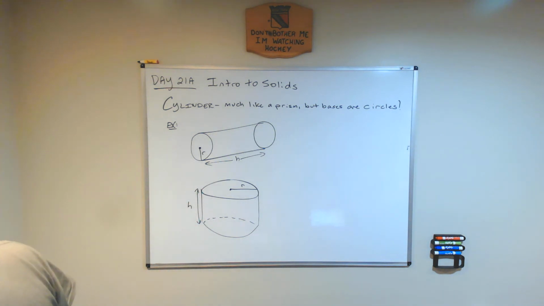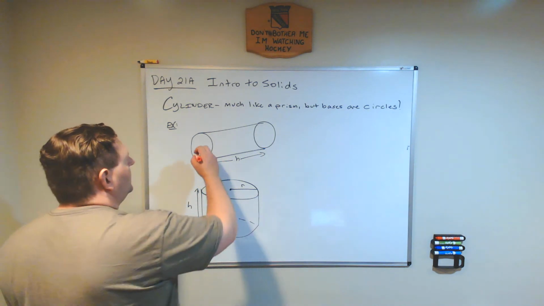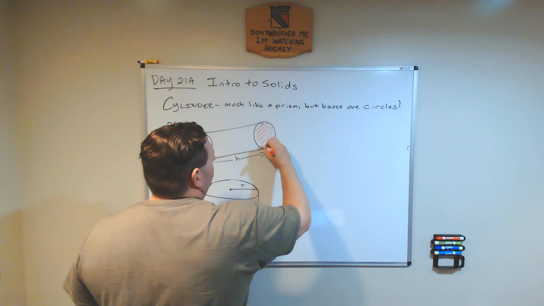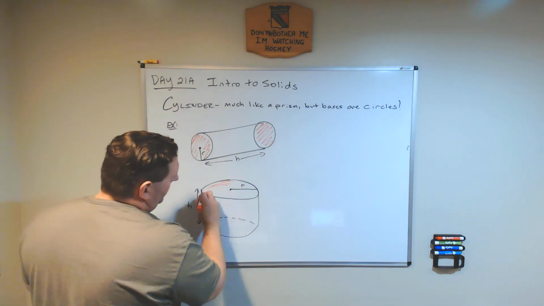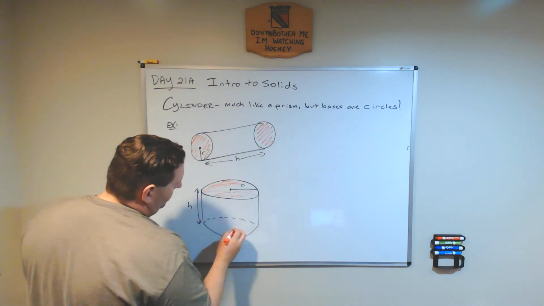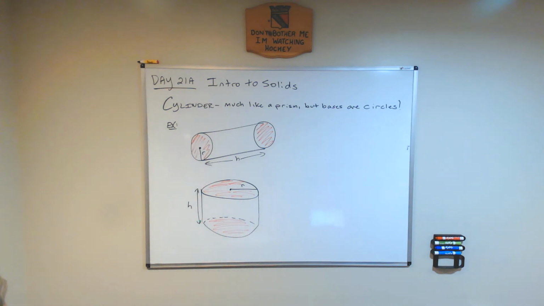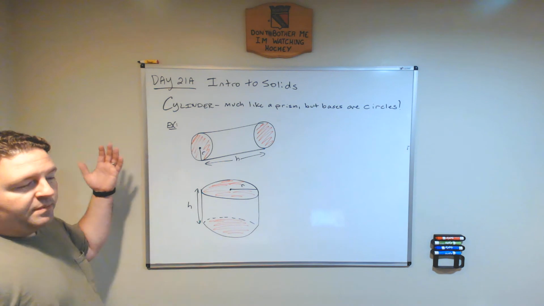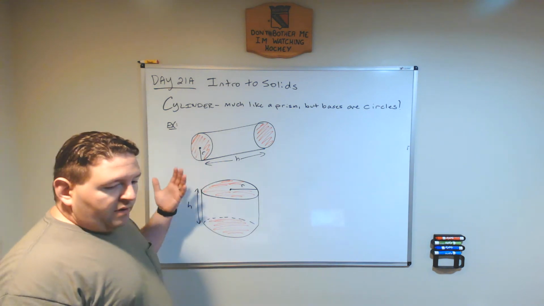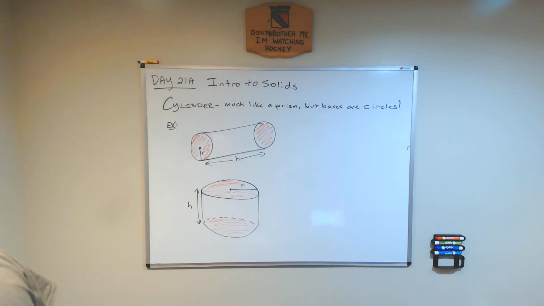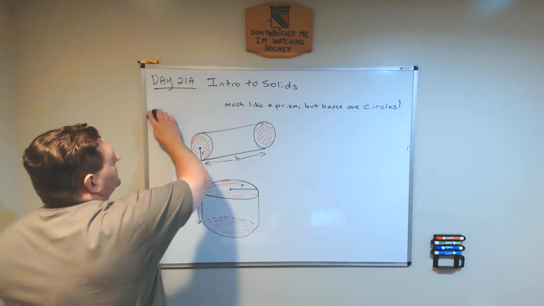Again, I'll shade in the bases. The bases are parallel and congruent. So we had our prism, that was a polyhedron. Cylinder, this is a non-polyhedron. Okay, let's do a pyramid.